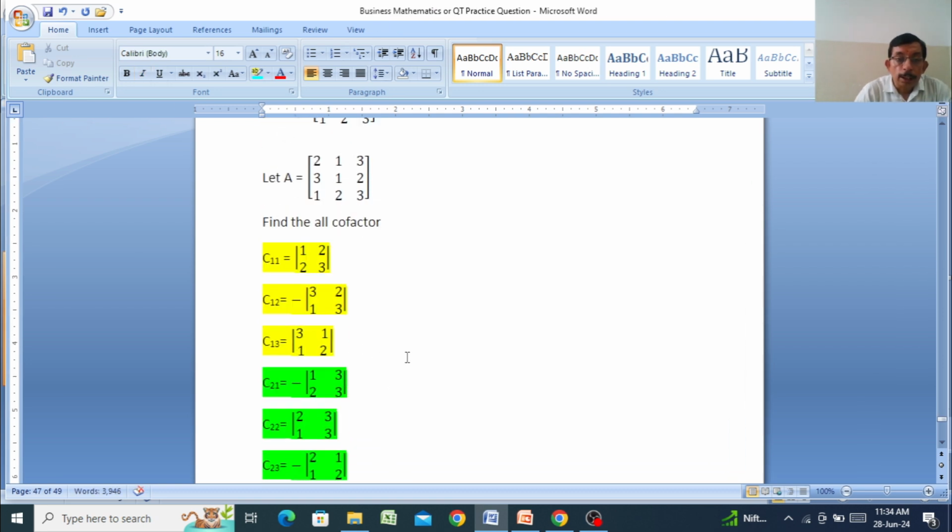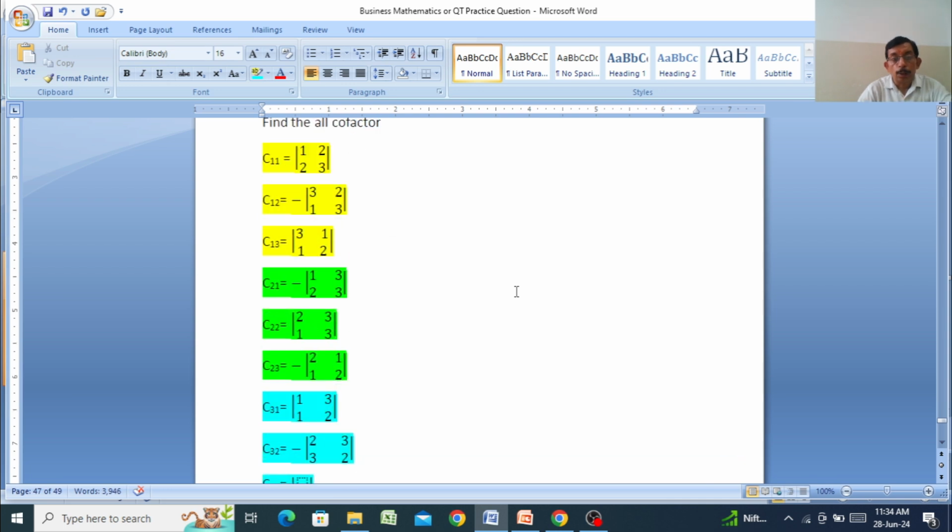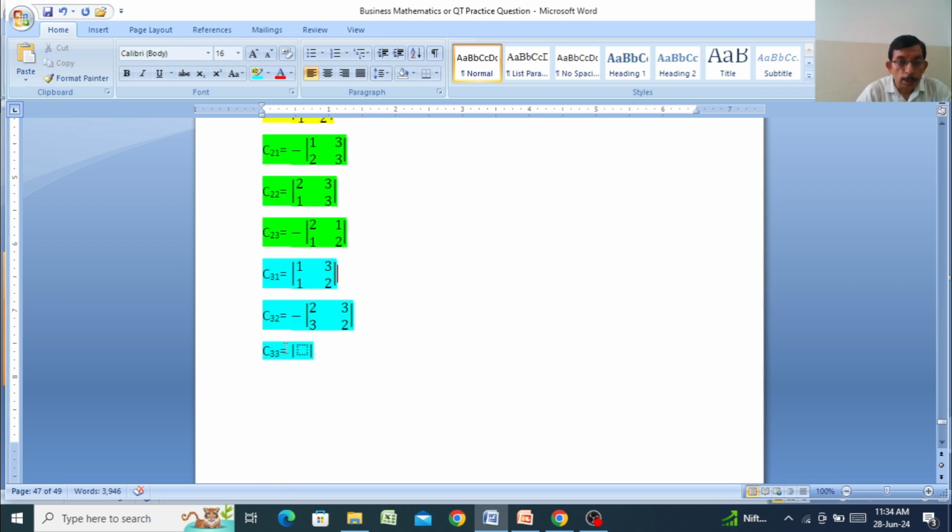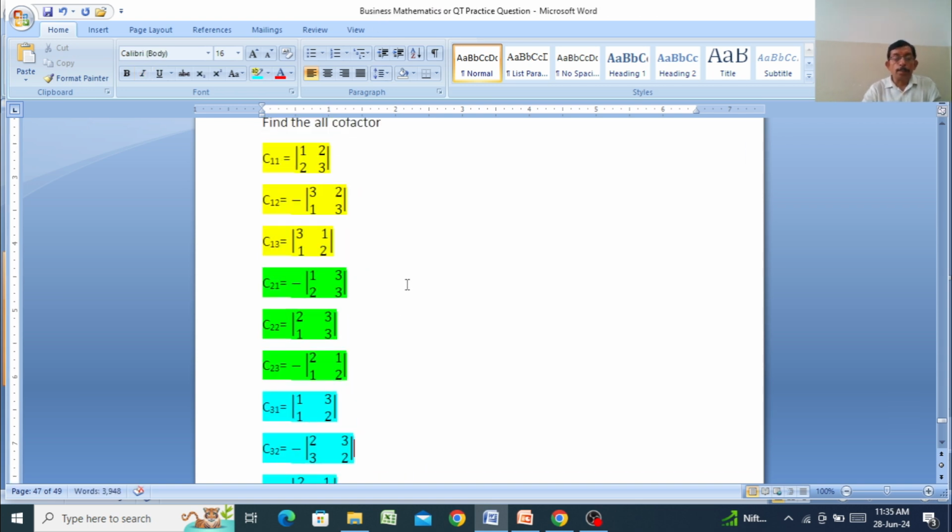C33: the third row, third column element is cancelled out, leaving 2, 1, 3, 1. These are the cofactors of the matrix A.